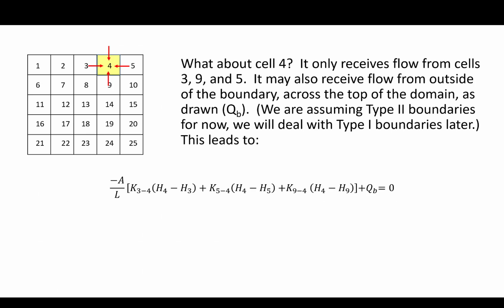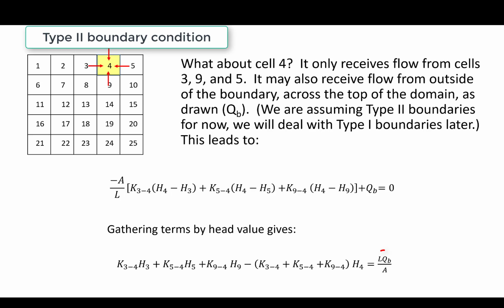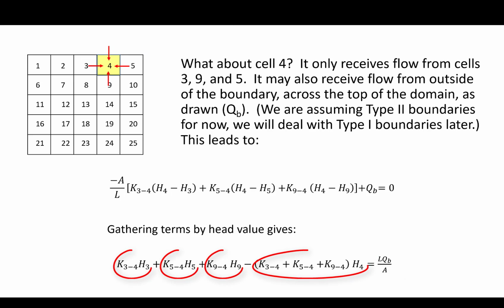And then we can look at edge cells, which have flow from 3 surrounding cells and a boundary. If we go through all of this, we'll find that the equation now has something other than 0 on the right-hand side, and it only involves 4 head values, the cell itself and 3 surrounding head values.